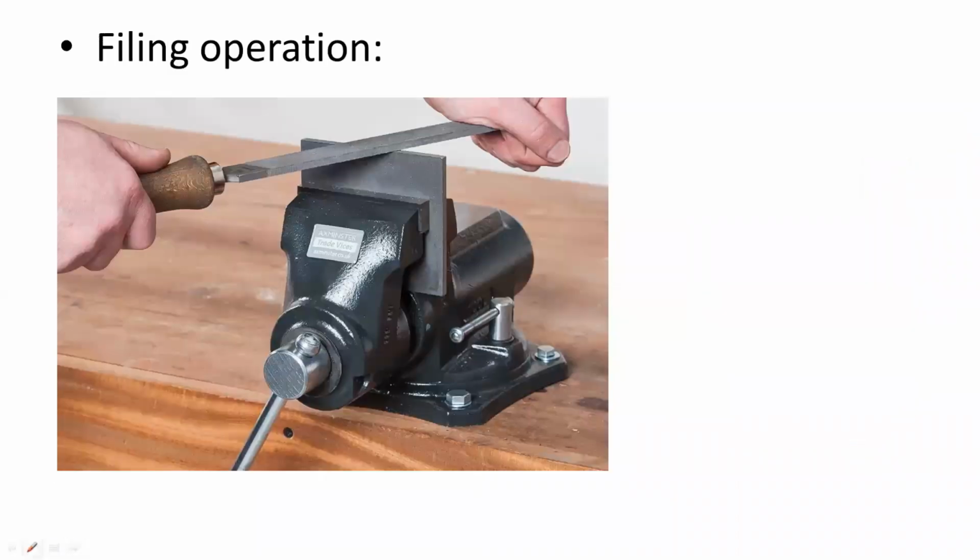The next is filing operation. If it is not exactly 90-degree, then you can remove some material from the edges with the help of the file. Here you can fix the job in the bench vise like this, and then carry out the filing operation.